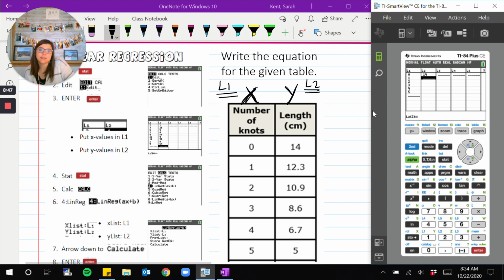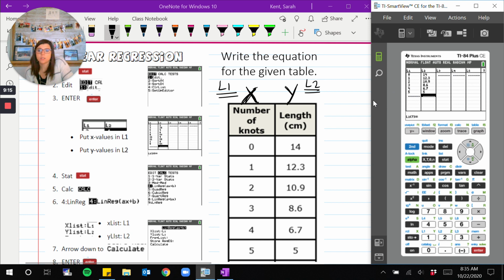Next I want 12.3, enter. 10.9, enter. 8.6, enter. 6.7, enter. 5, enter. So I have all of my numbers on my calculator. My table on my paper looks like my table on my calculator.